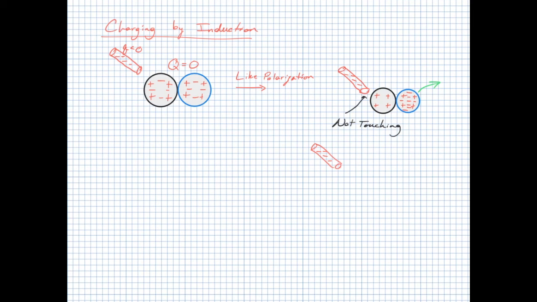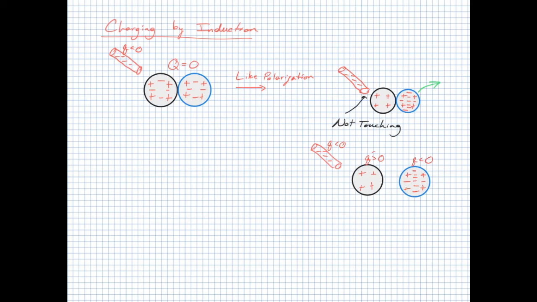Since we've disconnected the path, those charges will stay exactly where they are on those spheres. And so without even touching the object, we've effectively created a charge. And notice that we actually charged the black sphere, which was closest to the rod, to an opposite charge of what the rod was.